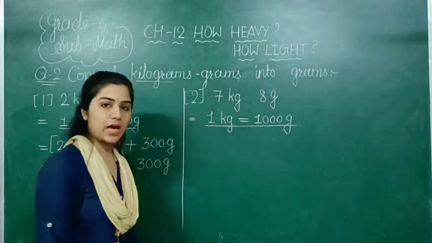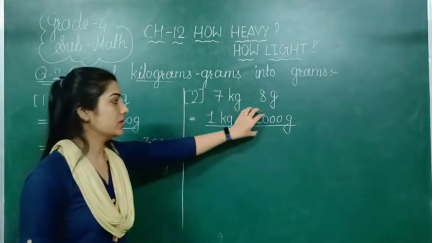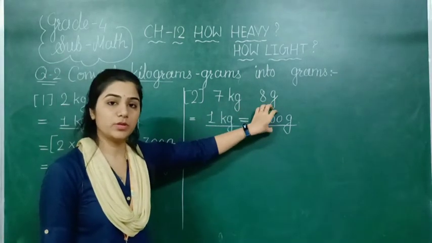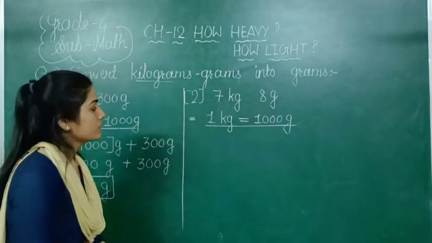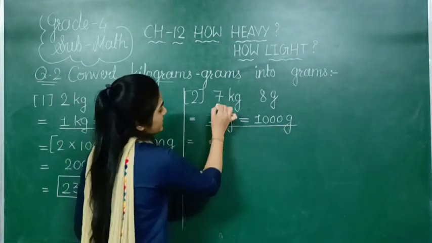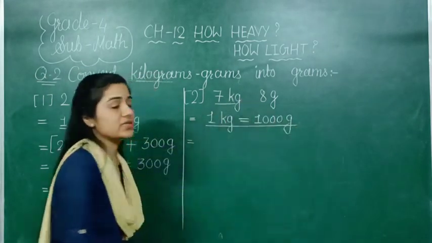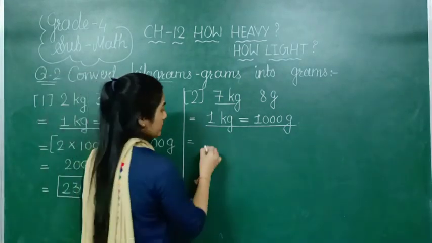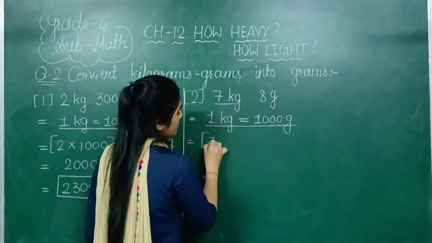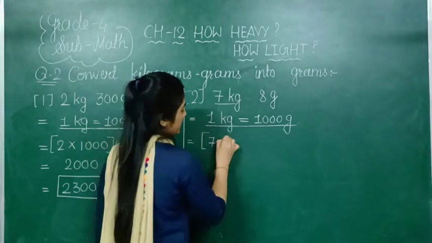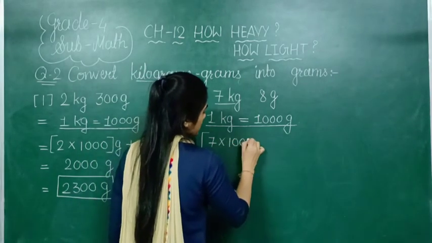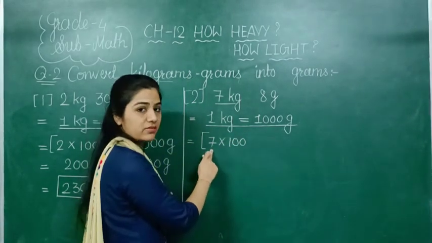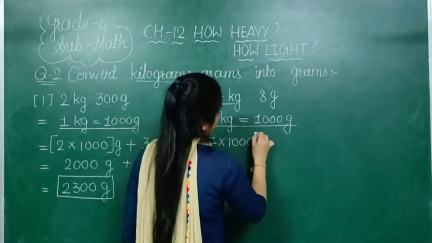See, make this habit, that write this formula in all the sums. Now 7 given is in kg, means in kilogram. So only we will multiply this 7 with this 1000.